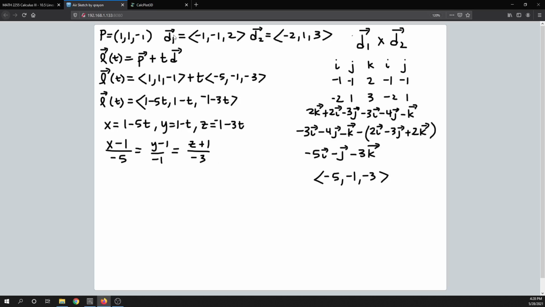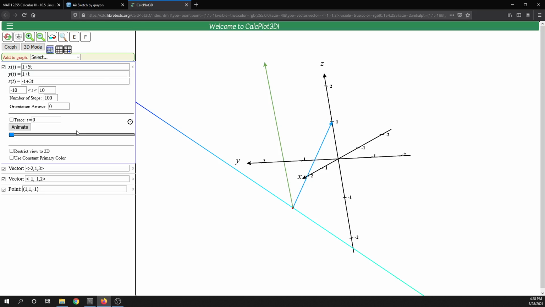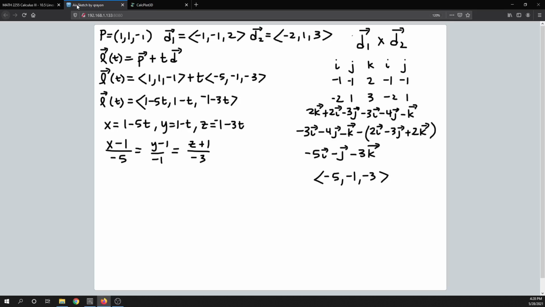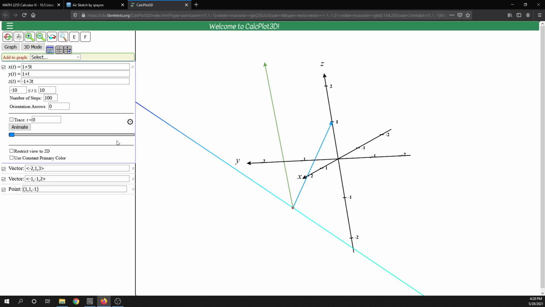All right, let's take a look at the geometry of it here. I've got this line. And let's see here.